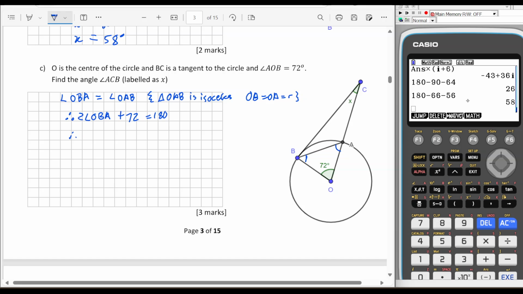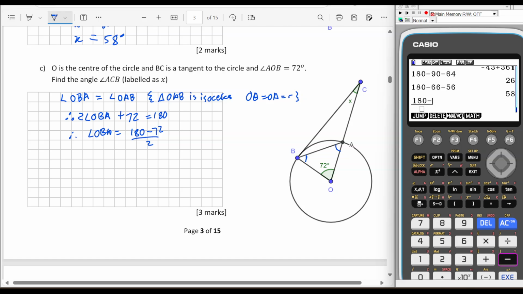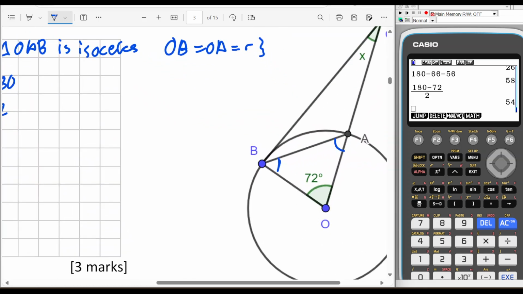Therefore, and we can rearrange this, angle OBA is 180, take 72 all over 2. And we can work out what that is. 54. So what we've learned here is that because these are both a radius or isosceles, this is 54 degrees and 54 degrees in there and there.